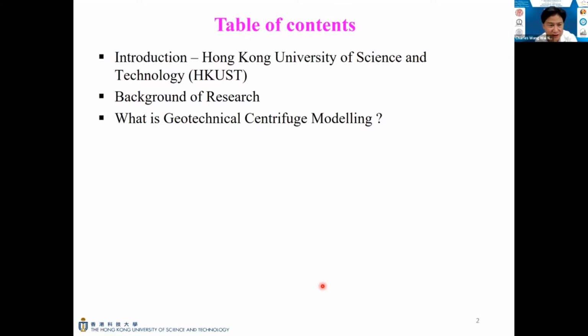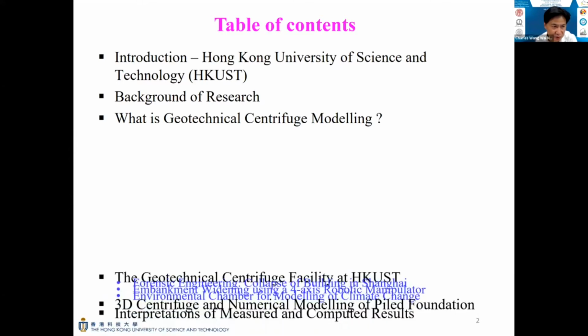So I decided to give a little bit of background or introduction to my university so that I hope, if you're interested in our university, perhaps we can establish different forms of collaboration. And then I'll move on to background of the research I'm going to present. And just in case you are not that familiar with geotechnical centrifuge modeling, which is the main tool that I use for our research, I'm going to present today.